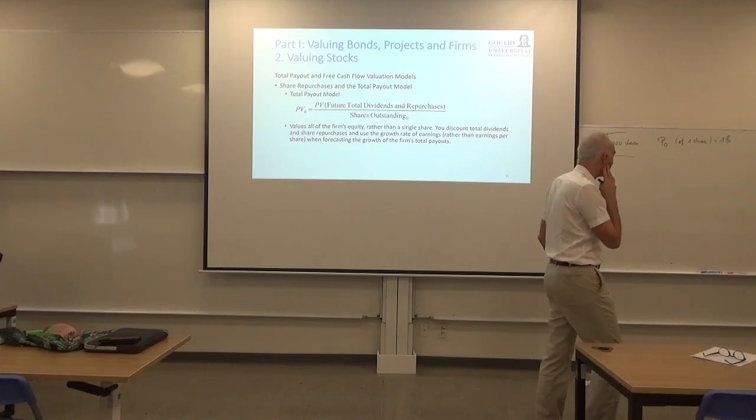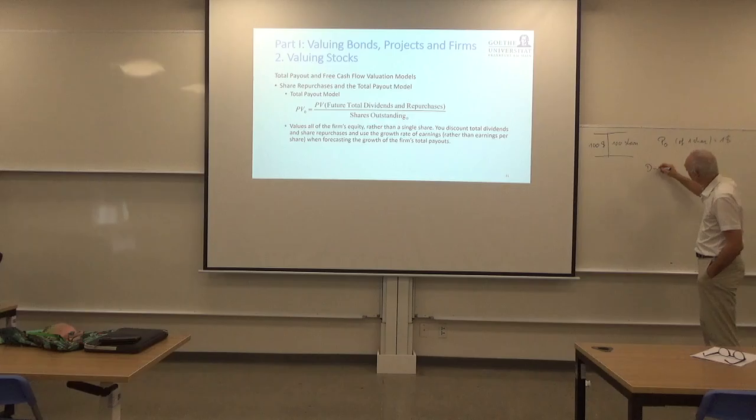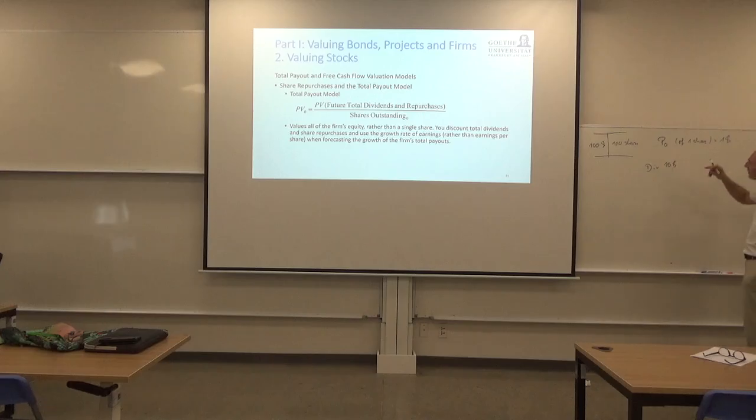We simply say, let's assume perfect markets. Now, if you pay out a dividend of $10, this is $0.10 per share.